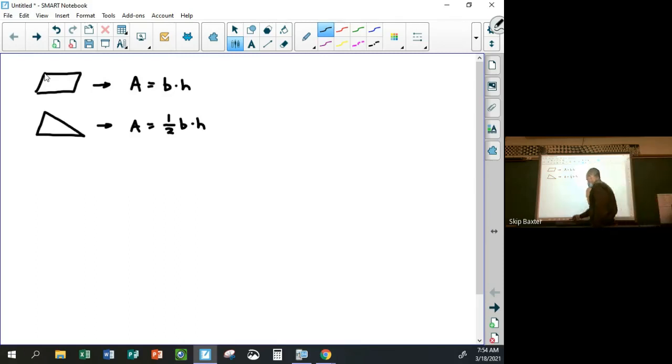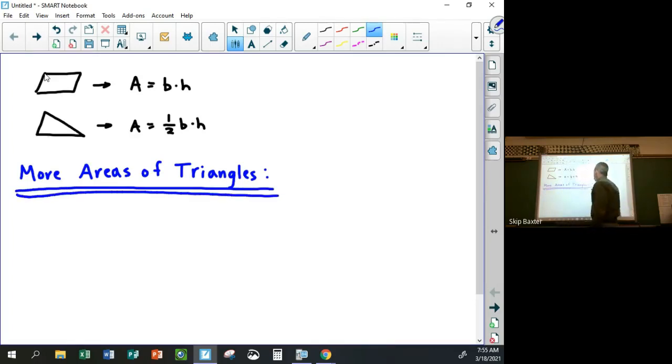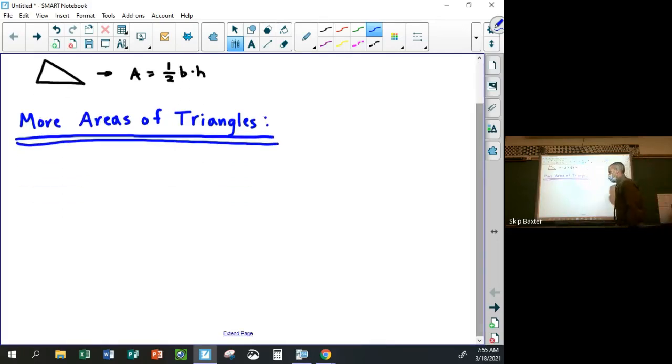Okay, so today we're just going to talk more about areas of triangles. In particular, what I want to talk about is what if you have triangles that are graphed on the XY plane.